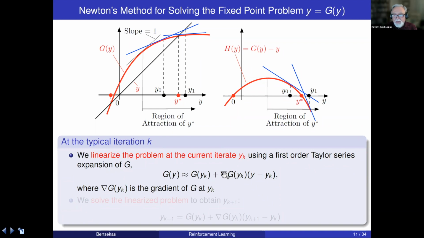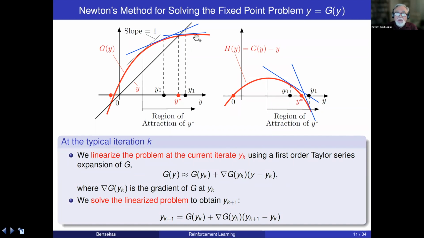And here, this is the gradient of g. So we obtain a function of y that is linear, and it depends, of course, on yk. And then we solve the linearized fixed point problem to obtain yk plus 1. In other words, we obtain the point yk plus 1 that satisfies this equation.